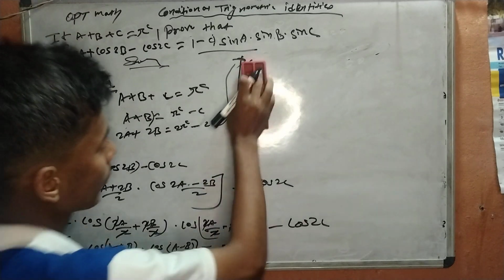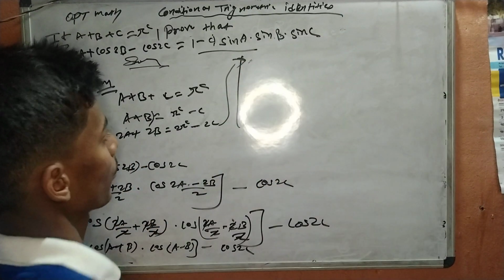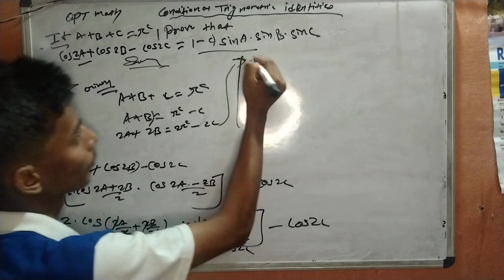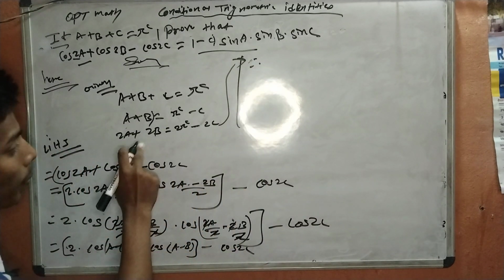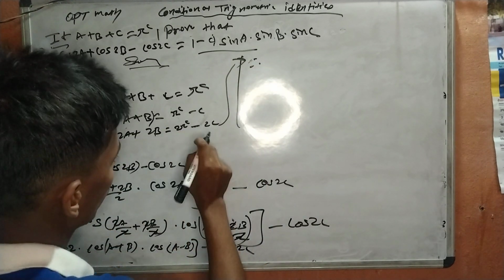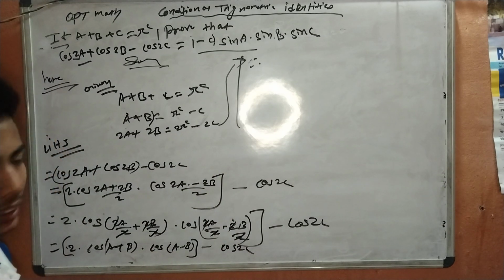I have erased everything, so I'm going to write here: 2a plus 2b is equal to 2 pi radian minus 2c. Here we are given to multiply by this, so we have to find the answer in cos 2a and 2.